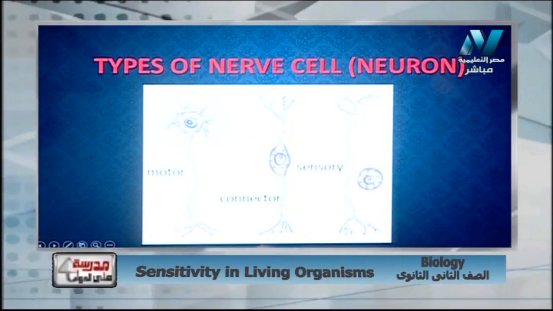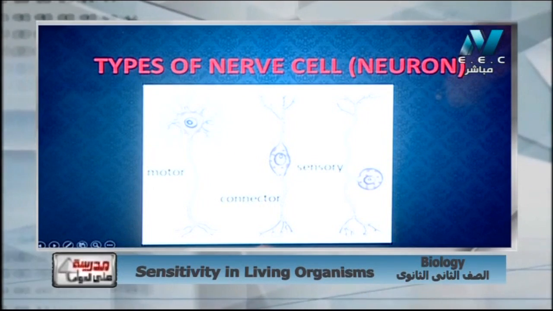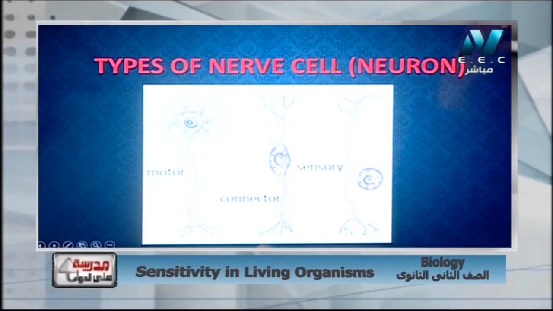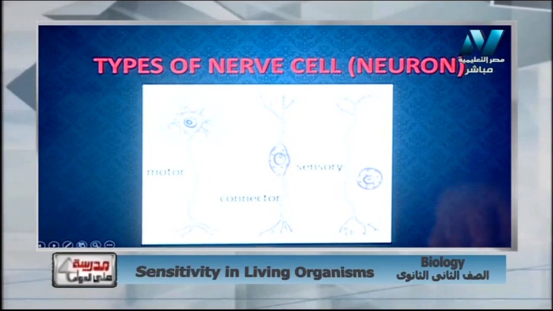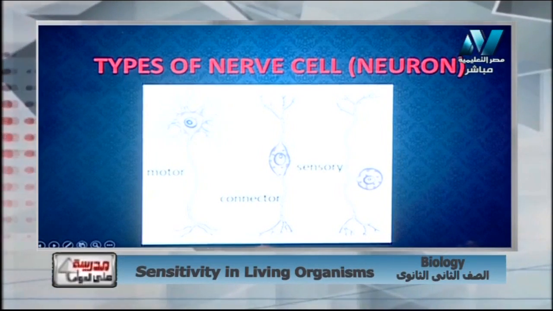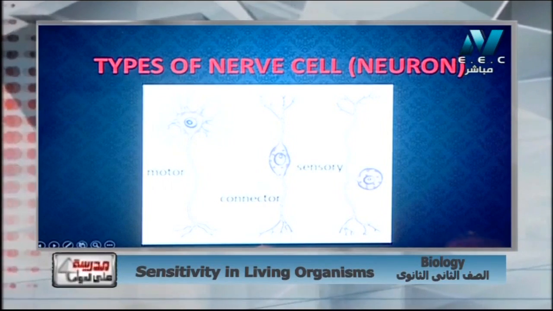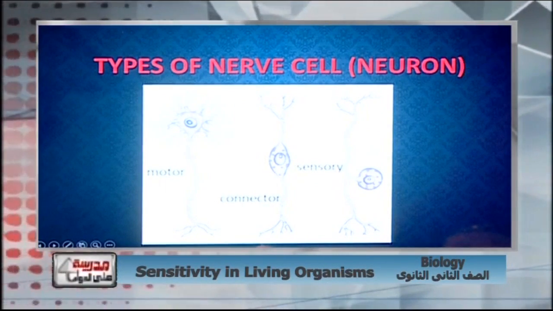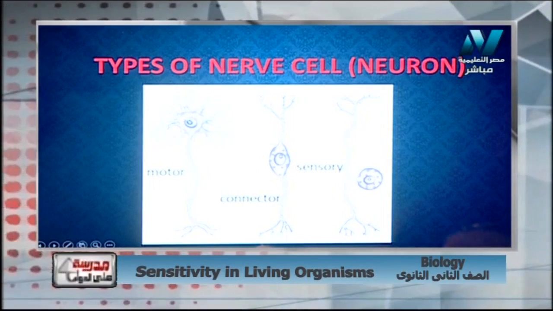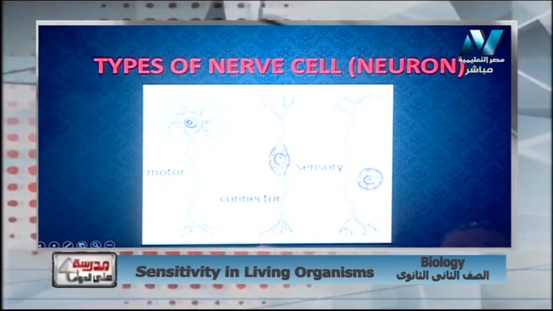Okay, we have three types of nerve cells or neurons: motor neuron, connector neuron, and sensory neuron. Let's start with the sensory neuron.